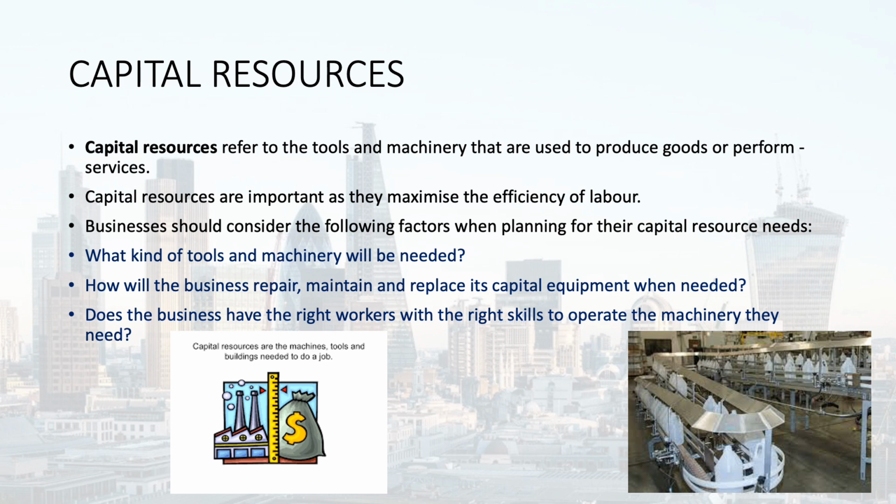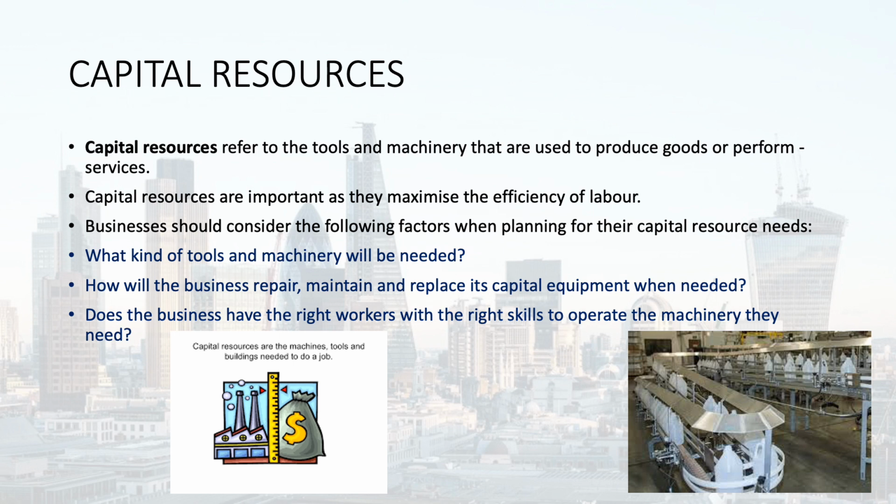Factories are a great example of a capital resource, because the whole building is purpose built to produce a particular good or service. So the kind of questions a business might need to ask: well, what kind of tools and machinery would we need in terms of our capital resources? And how's the business going to look after its capital equipment?